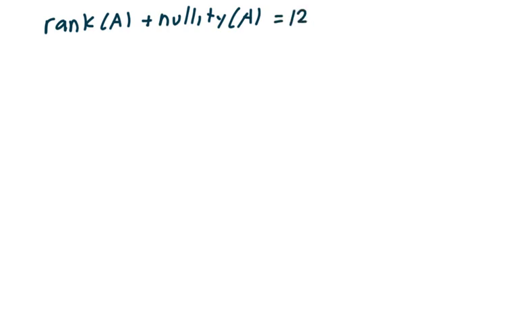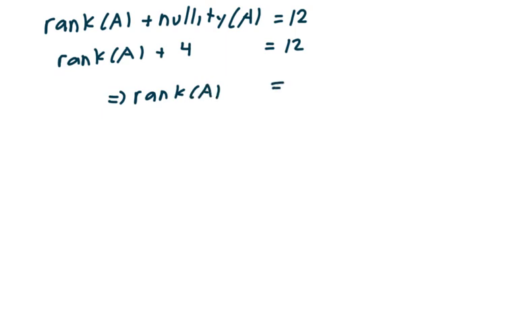But we already know the nullity. So the rank of A plus 4 equals 12. And so that implies the rank of A equals 8. So it's really not too bad to do a problem like that, I hope. And so that was number 10 on the review.